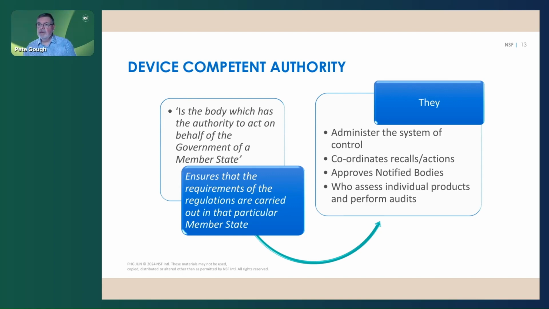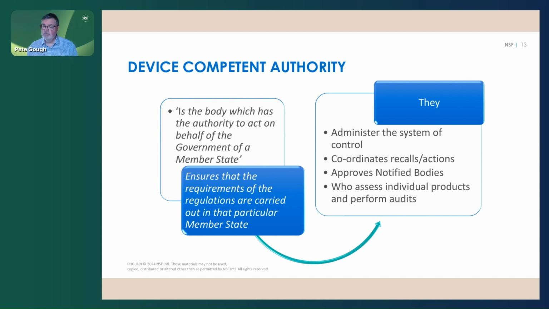The device competent authority, and as I said, every EU member state will have a device competent authority, their only role, they do not get involved with the manufacturers. They merely assess and approve, what's called designate, notified bodies. And it's the notified bodies that have all of the interactions with the manufacturers.